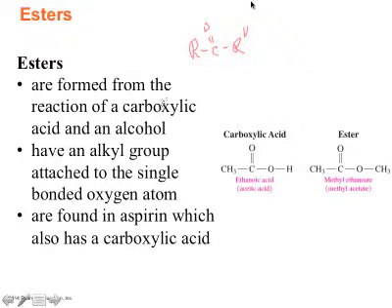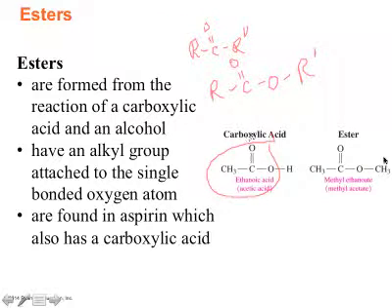Well, an ester is R, carbonyl, and then O, and then the second alkyl group. So it's very similar, except you've got an extra oxygen in there. What you do is, and we'll have it in a minute, this part right here came from the carboxylic acid, and this part right here came from the alcohol.